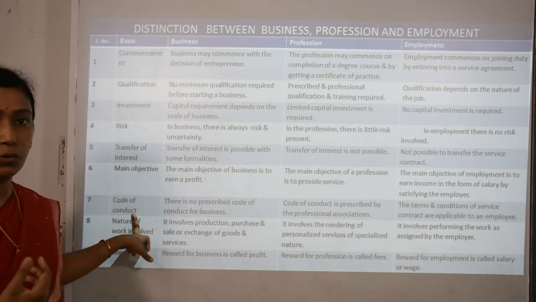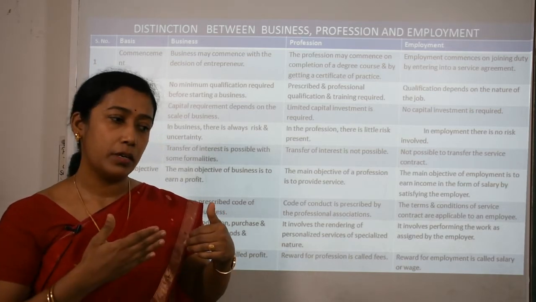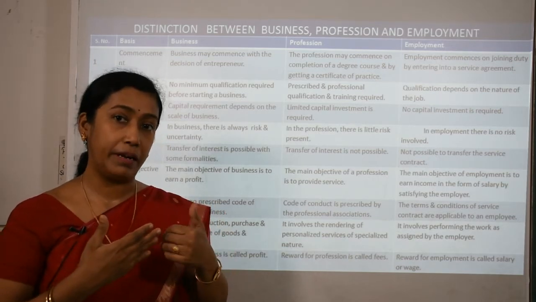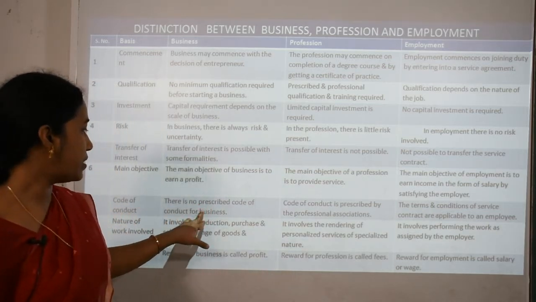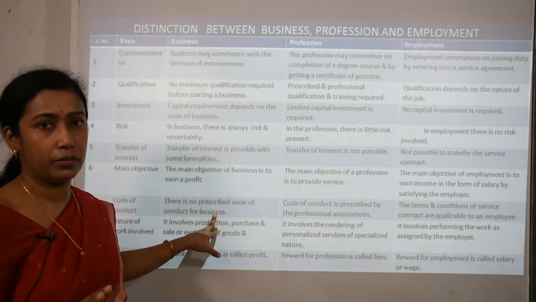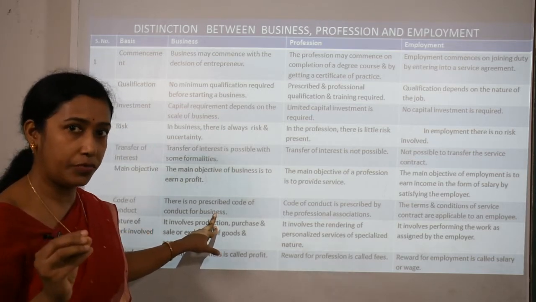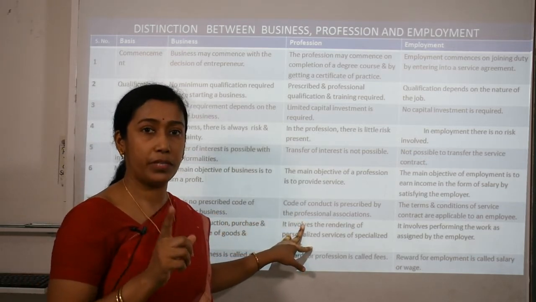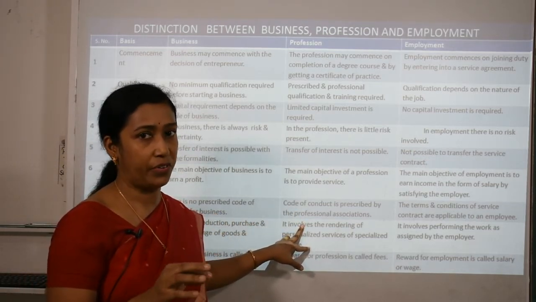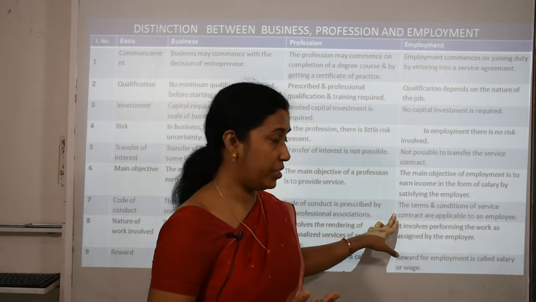Now code of conduct. Code of conduct, as I said before, means rules, regulations, the pattern of your behavior, how it should be. In business there is no prescribed code of conduct. For a businessman there is no prescribed or written code of conduct which they need to follow. Whereas a code of conduct is prescribed strictly in professional degrees, with all the professional associations.